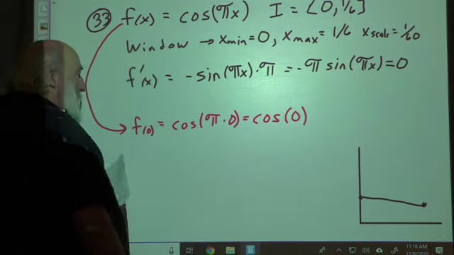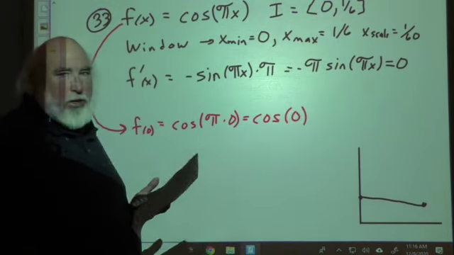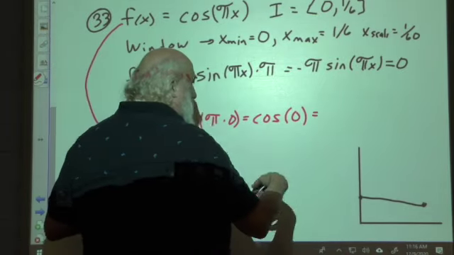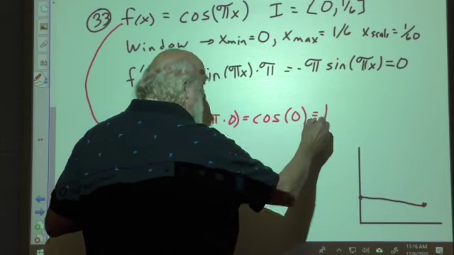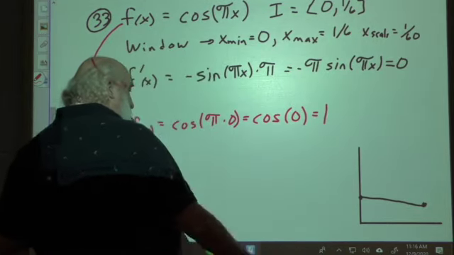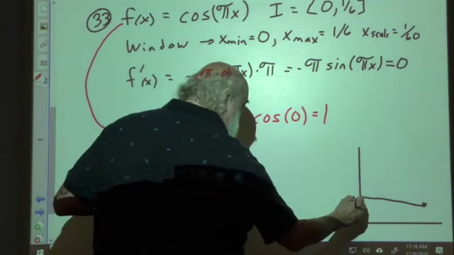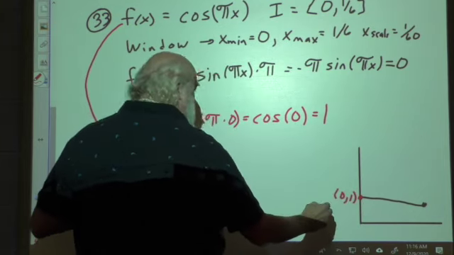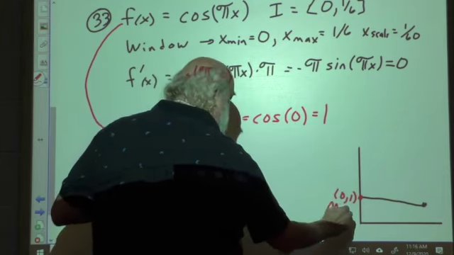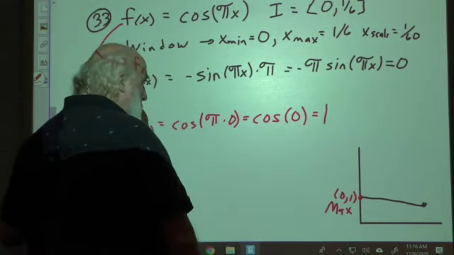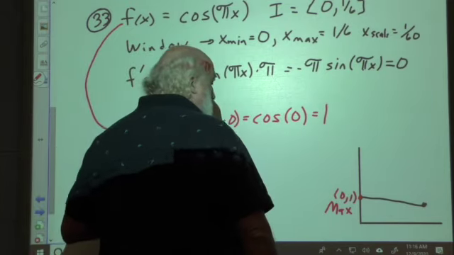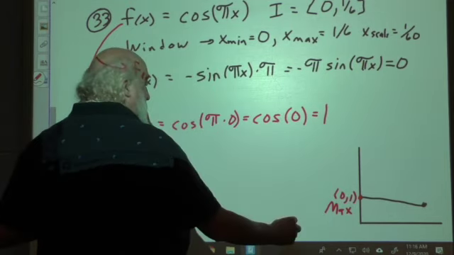Well, what is the cosine of 0? If you know your sine and cosine, you know that cosine of 0, radians or degrees, either way, is 1. So this point right here is (0, 1). That is our maximum, the highest point of this interval. And that is your left edge.